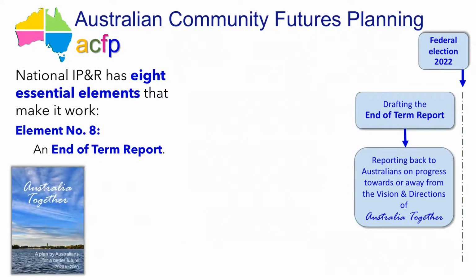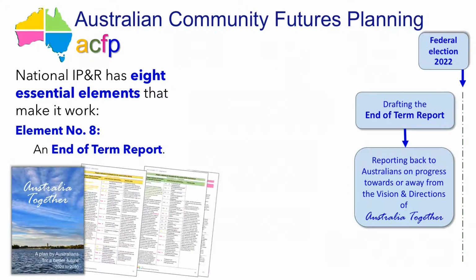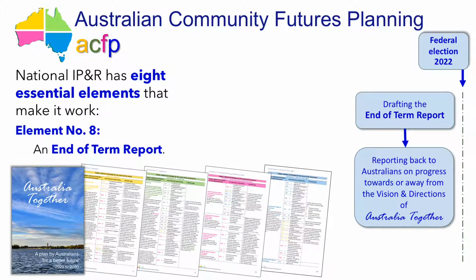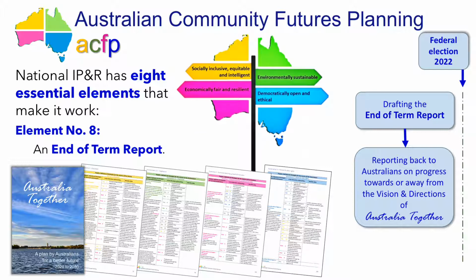We take the data in Australia Together and check, wherever we can, whether we have moved from a baseline point in the right directions towards the vision or whether we've moved away from it. It's a simple graphic dashboard where red means we've moved away from the vision and green means we've moved towards it.